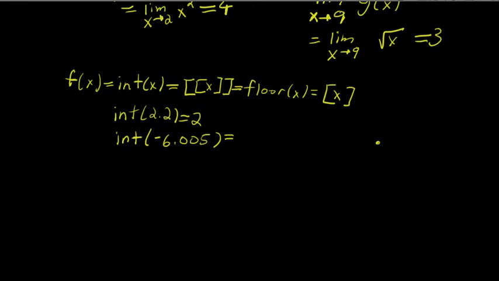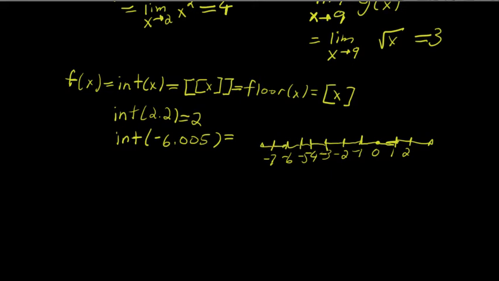So if you see, here's the number line, 0, 1, 2, and so forth, and to the left, negative 1, this is 0 here, negative 2, -3, -4, -5, -6, -7, and so forth.